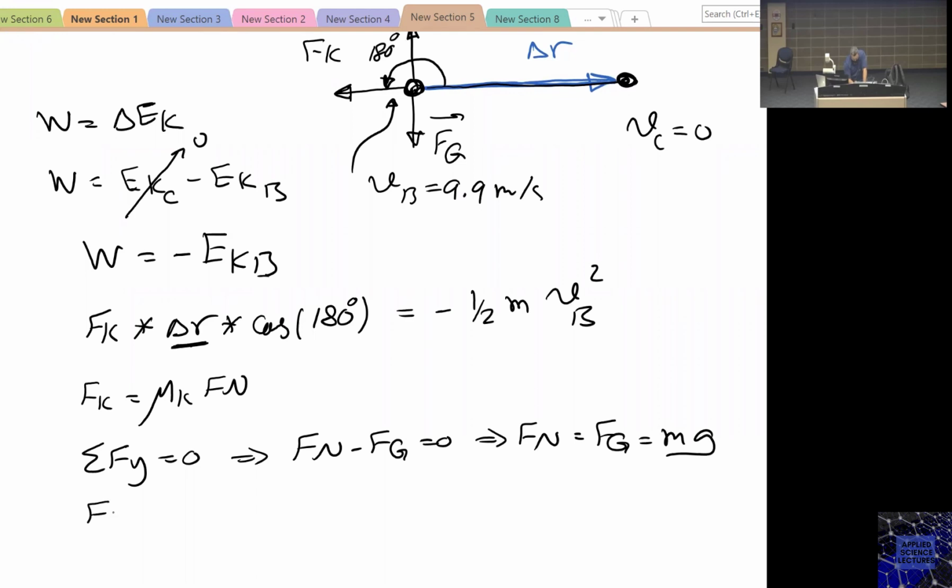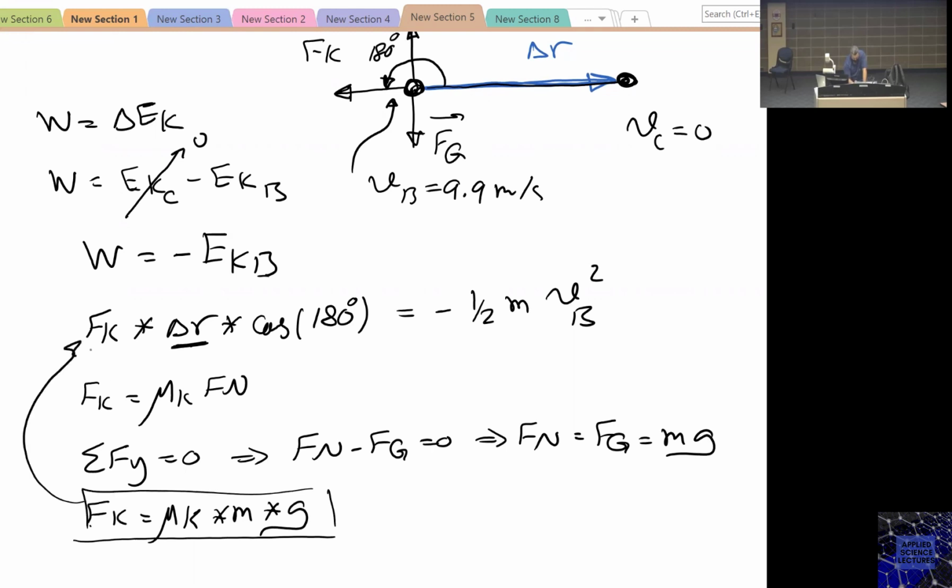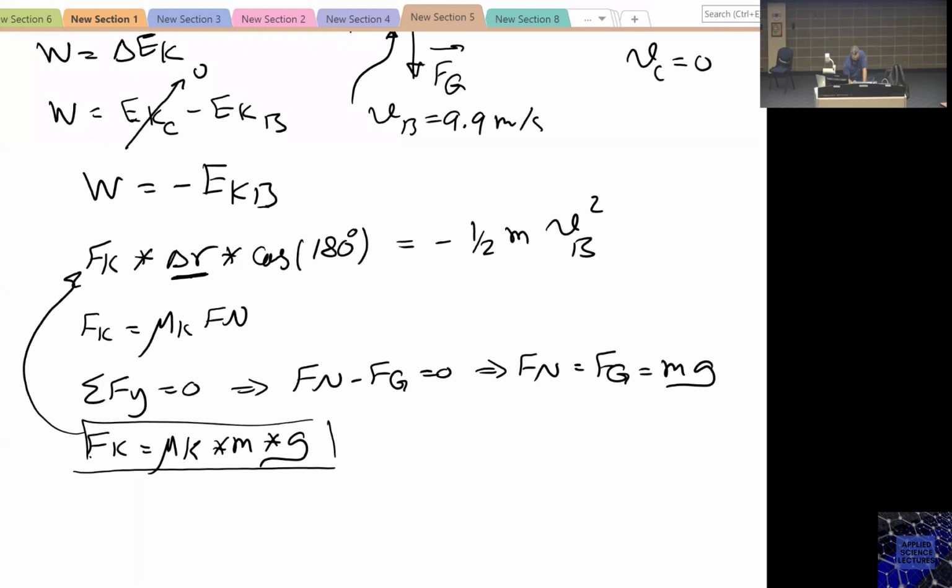So Fk is mu k times m times g. Take this one and substitute it in here. I have mu k times m times g times delta r, cosine 180 is minus 1, equals minus half m v squared.